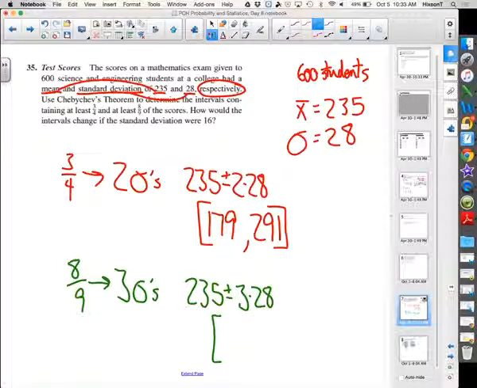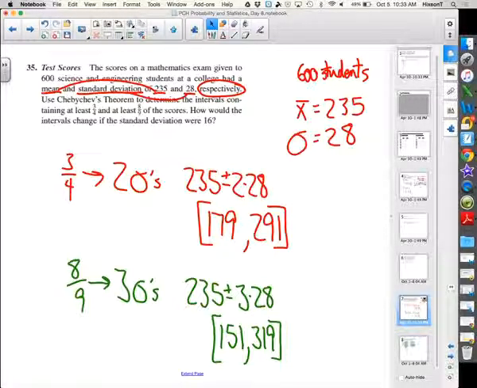That would go down to how much? 151. Good. And up to 319. So I know at least 8/9 or 88.9% of our data is going to fall in that range. Any questions? The answers they're looking for are the intervals.